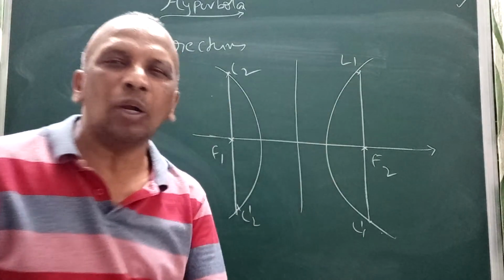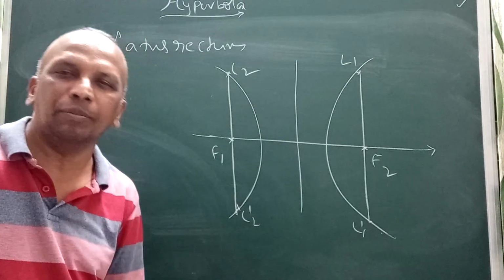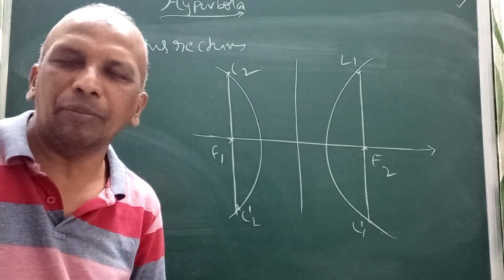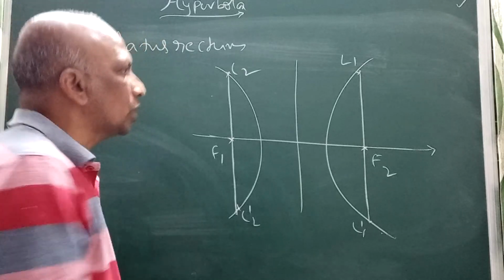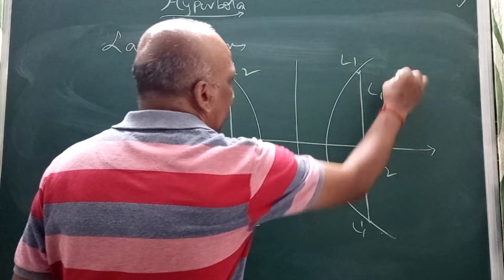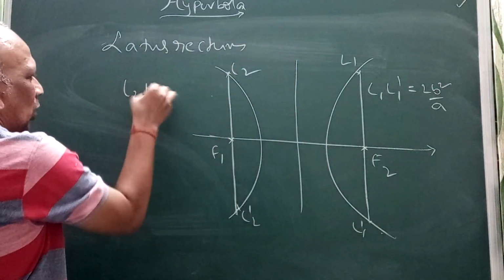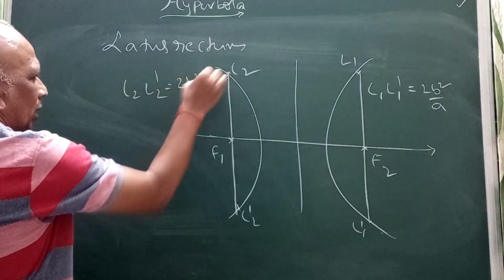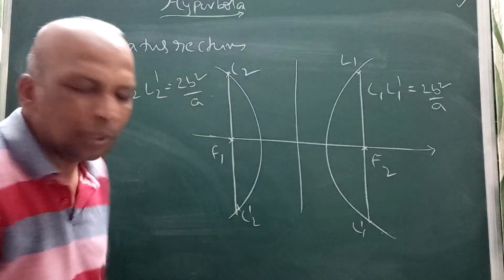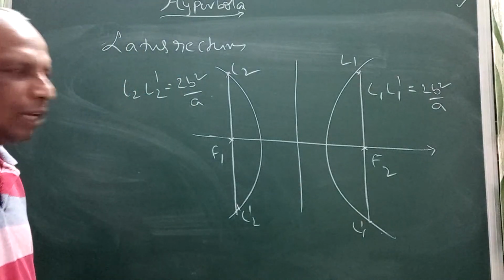L1 L1 dash and L2 L2 dash are the lengths of the latus rectum. Always remember, this length is equal to 2b square by a. L1 L1 dash is equal to 2b square by a, and L2 L2 dash is also equal to 2b square by a. That's the formula.